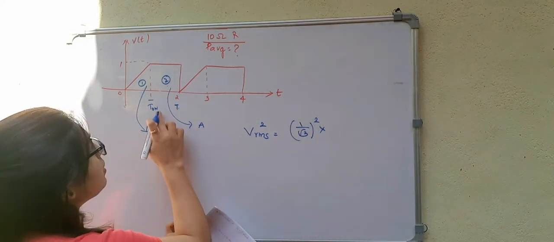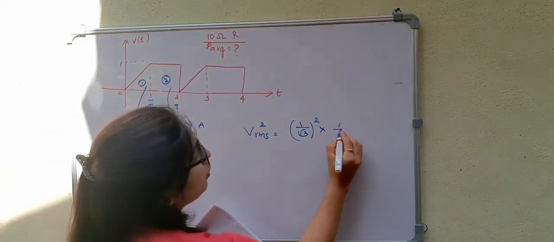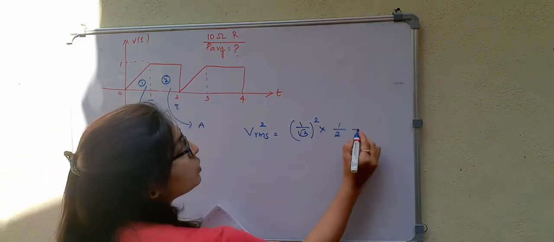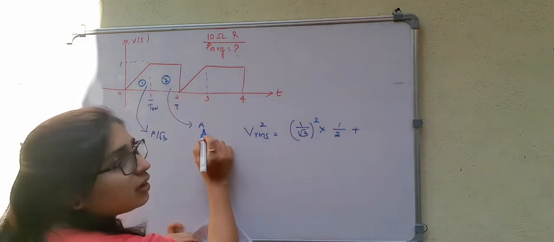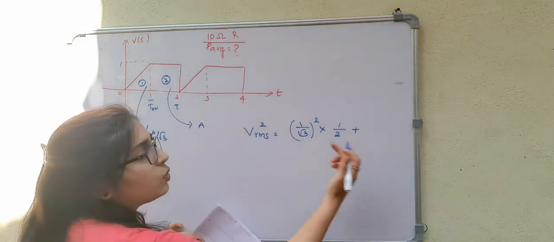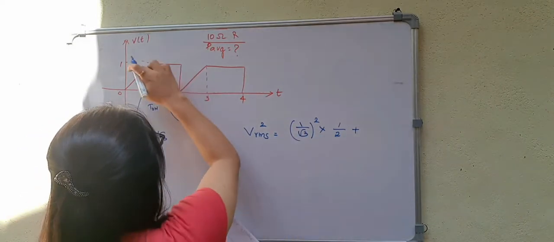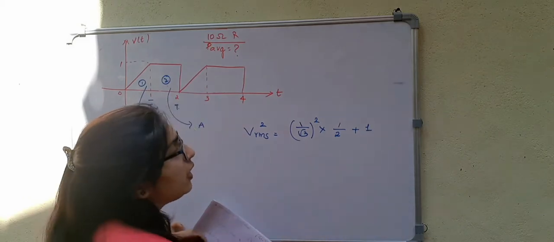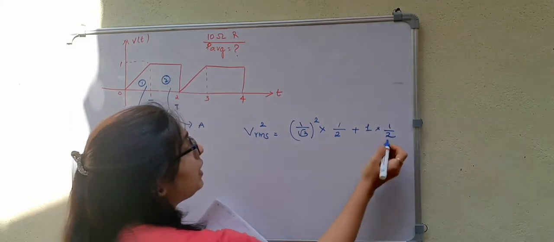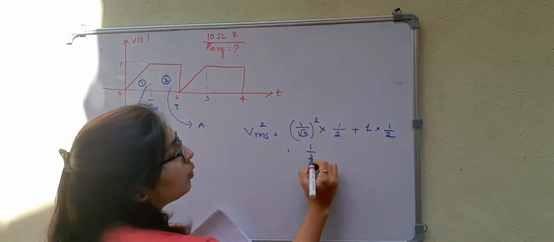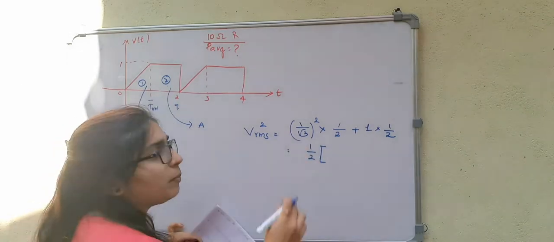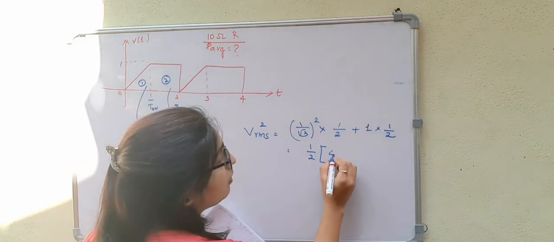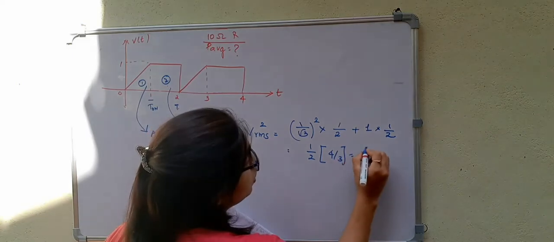T on is nothing but 1 divided by 2, and T is 2. So plus the second part, where the RMS value is A. So A square is nothing but 1. 1 square is 1 into T on divided by T. So this is equal to 1 by 2 common. This becomes 1 by 3. 1 by 3 plus 1 is 4 by 3. So that is equal to 2 by 3.